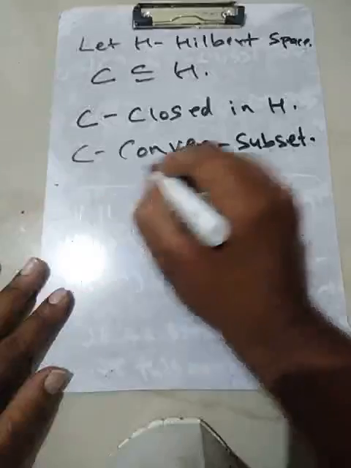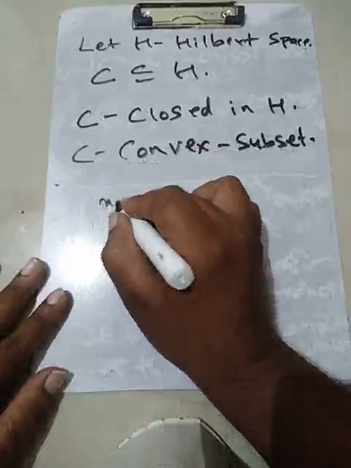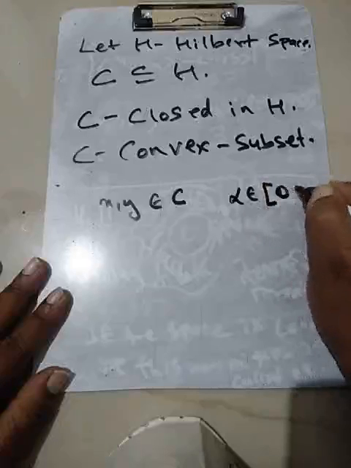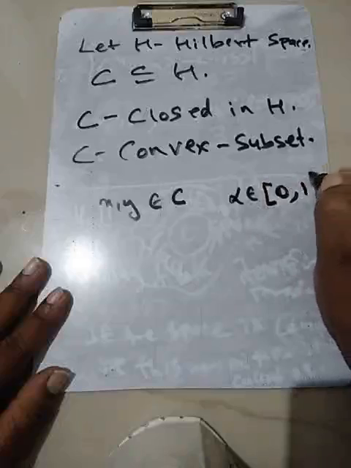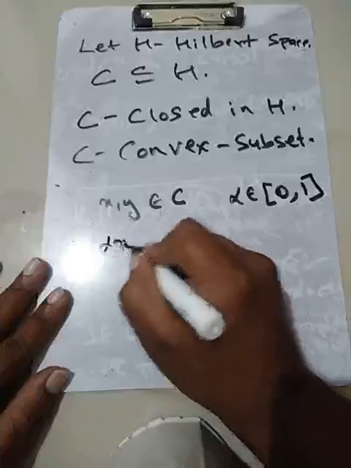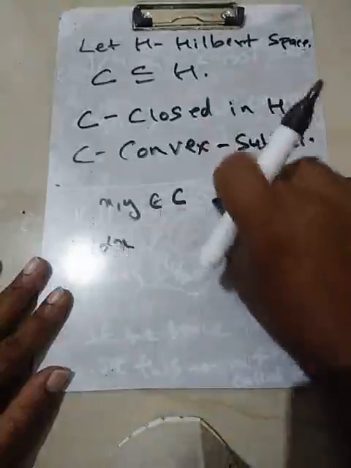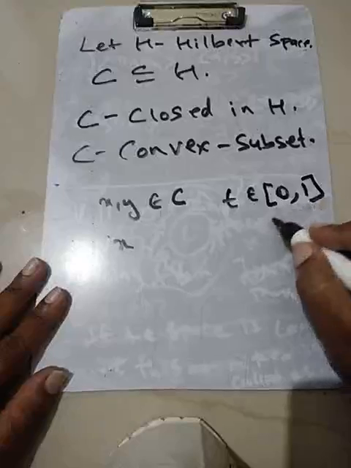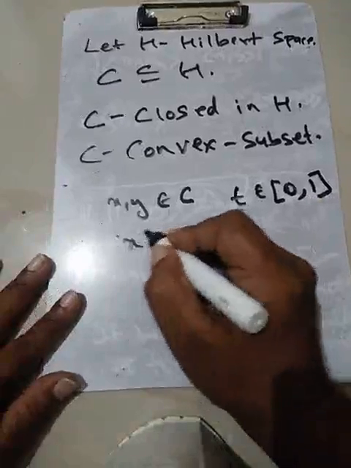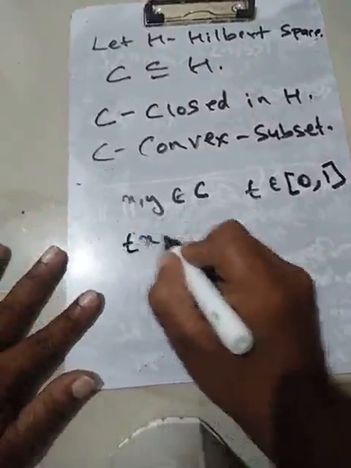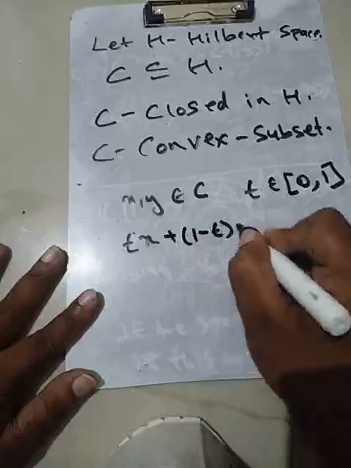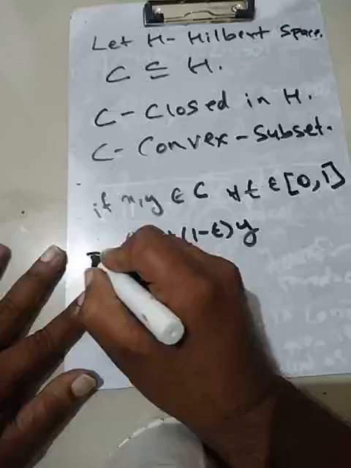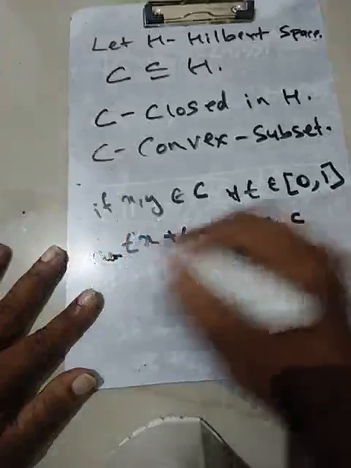So if you take X and Y belonging to C, and T belonging to the closed interval [0,1] in R, then T x plus (1 minus T) y belonging to C. If X and Y belong to C, then for all T in this interval this should imply it is in C. So this is the condition.